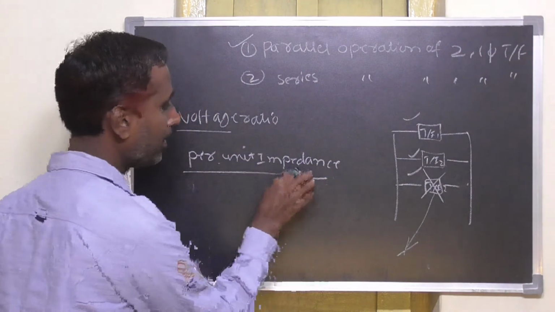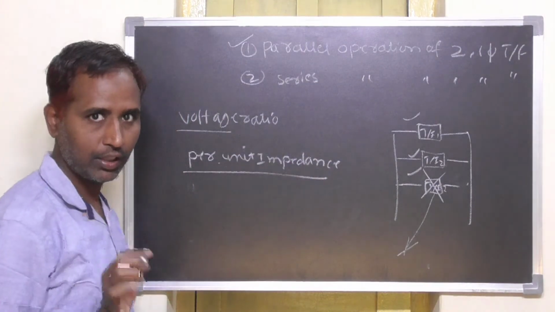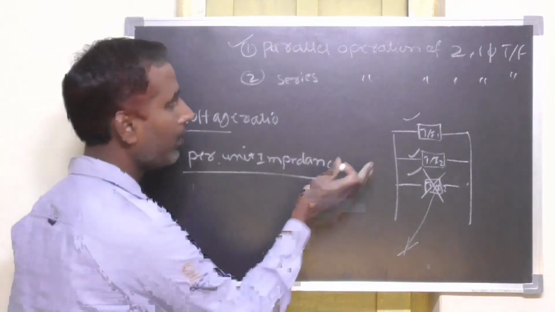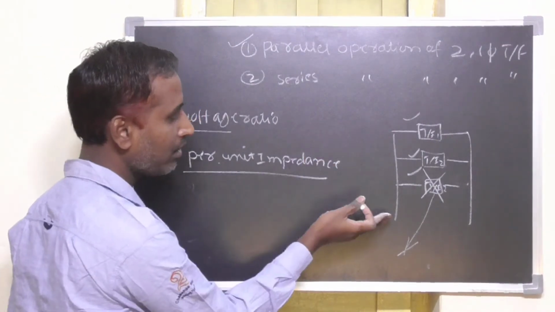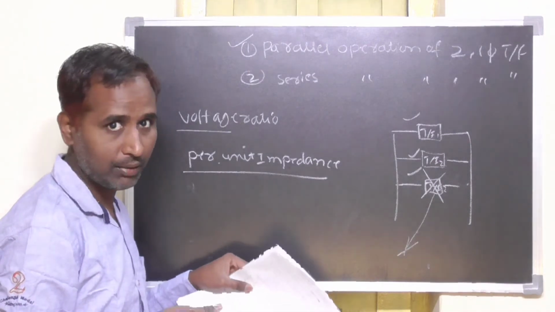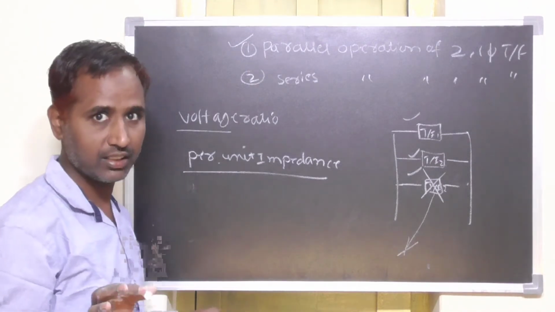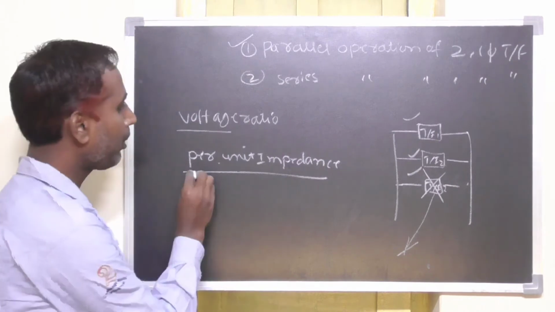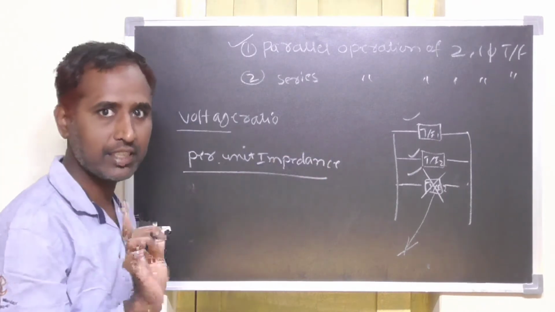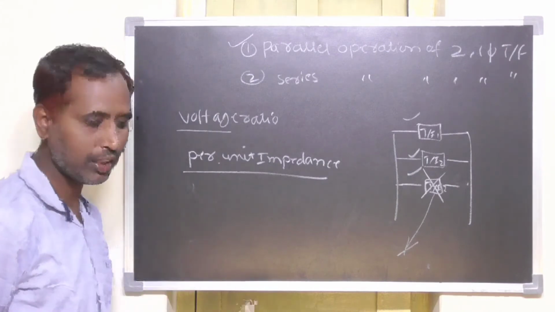In examination this point will come. I attended the exam, and a question came: while connecting more than one transformer in parallel, what are the conditions? In the conditions, the per unit impedance of all transformers should be the same. This is a very important point.